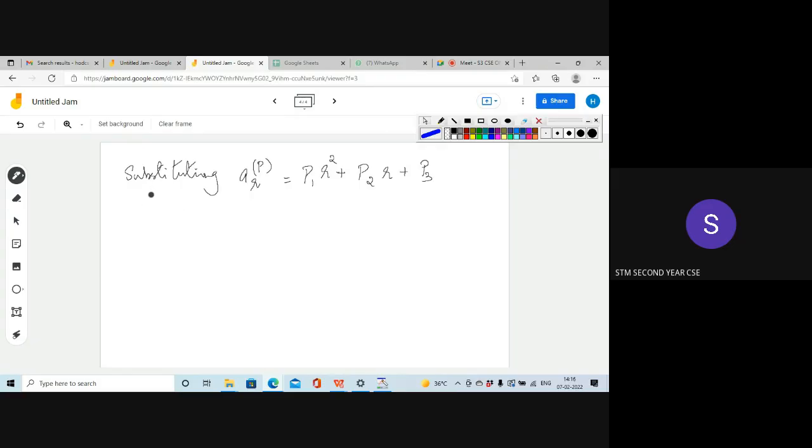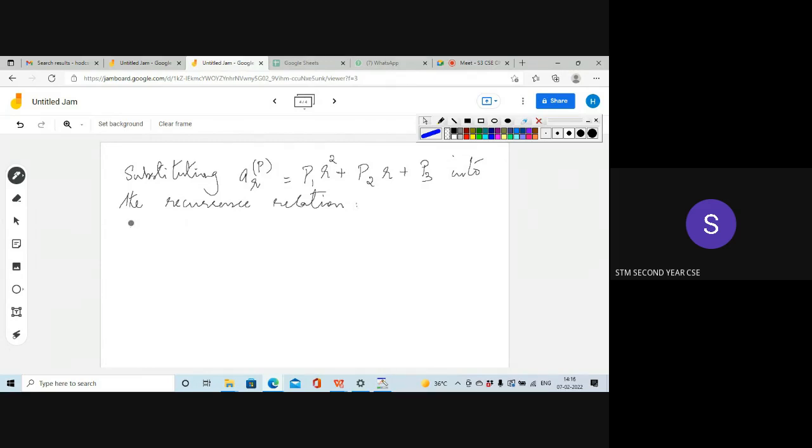what we are going to do is substitute this P1R square plus P2R plus P3 into the given recurrence relation. What is the recurrence relation given?